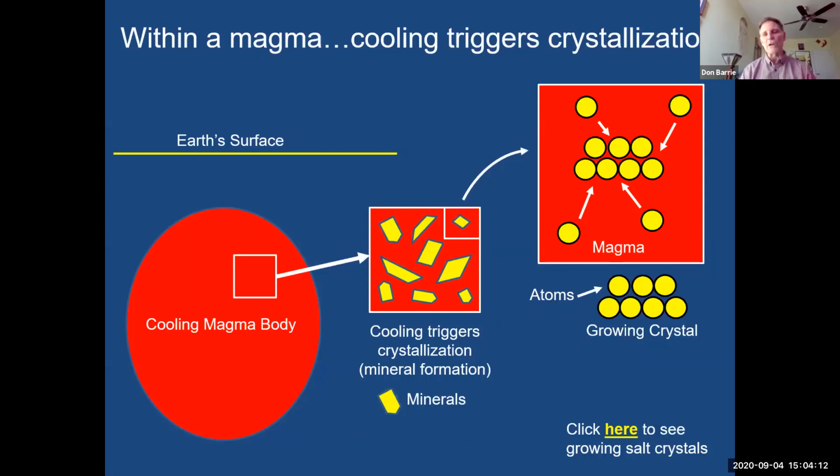I simply mean large enough to be able to see the crystals with the naked eye, maybe no more than a millimeter or so, or perhaps up to several centimeters. On the other hand, if the magma erupts at the surface and cools rapidly, that's not much time for Mother Nature to build large crystals, and so you get many more smaller crystals that are either barely visible or not visible at all.